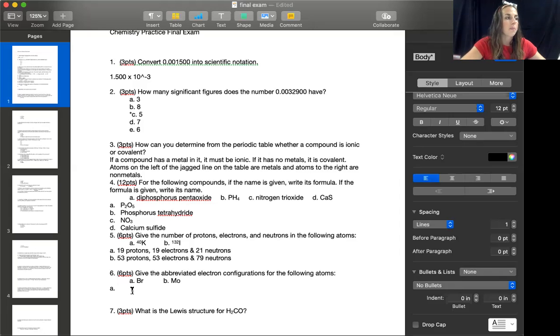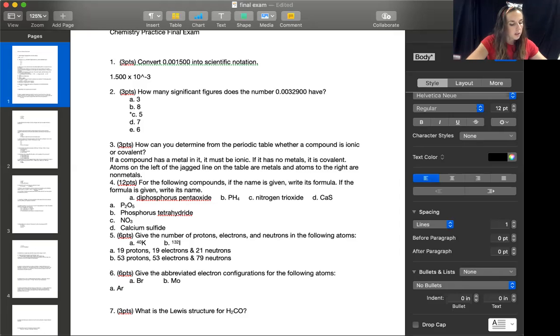Once I find that, I'm going to look back to the closest element in the 8th column that comes before this element. That would be argon, number 18, because that is the closest one that comes before bromine. So it's going to be Ar.